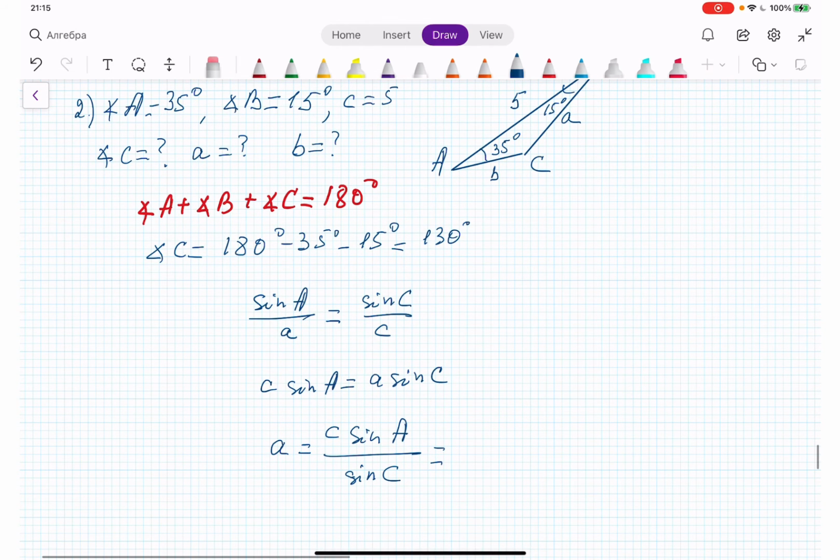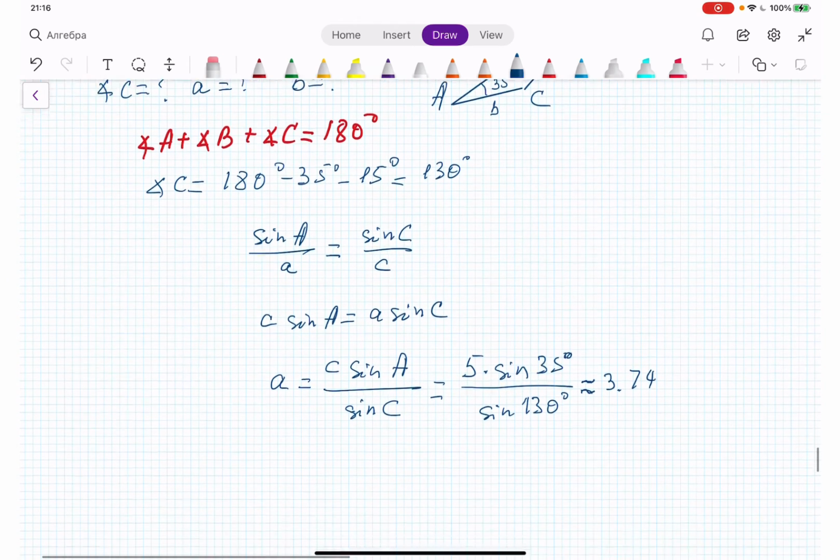Yes, 5 times sine 35 degrees divided by sine 130 degrees. If you do it on a calculator, you will get approximately 3.74.